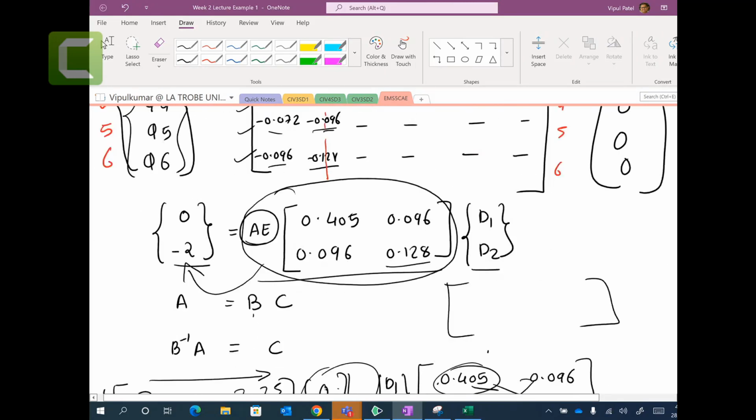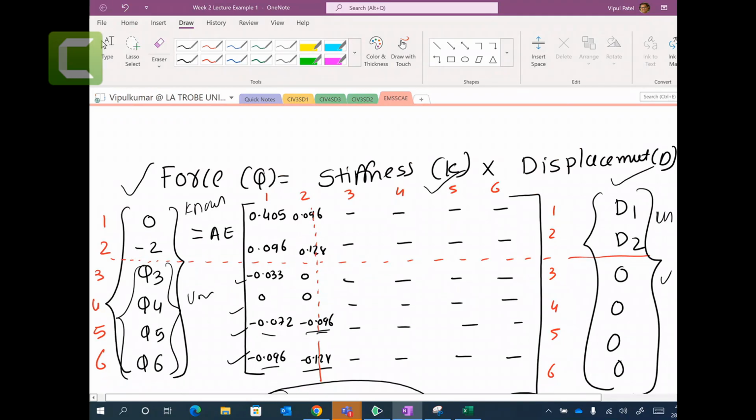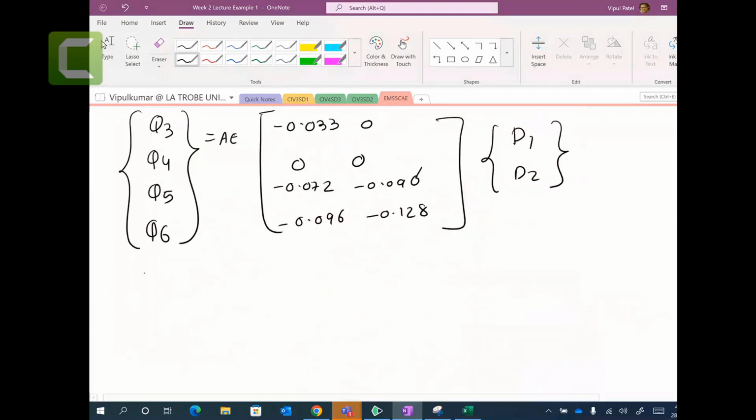So that is D1 and D2. Right. Now we can substitute D1 and D2 here.